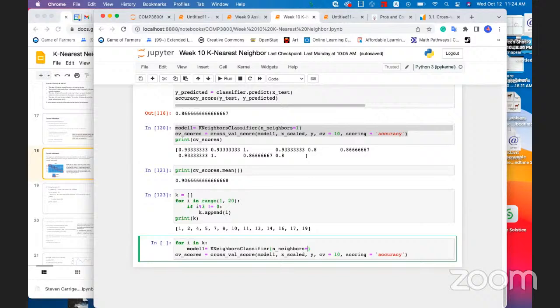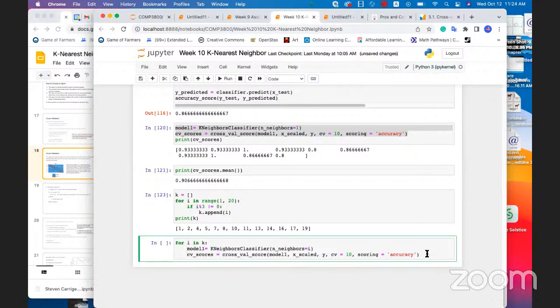So in the old code, I fixed k equals 1. Now I'm iterating k from 1 to 19. So then here, this n_neighbors should equal i. And model is model 1.